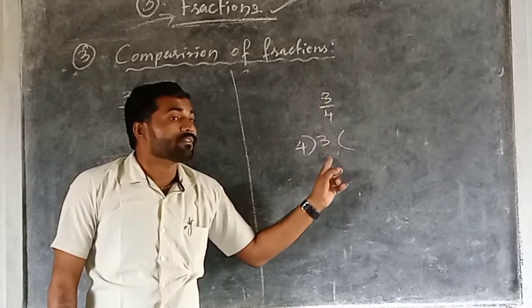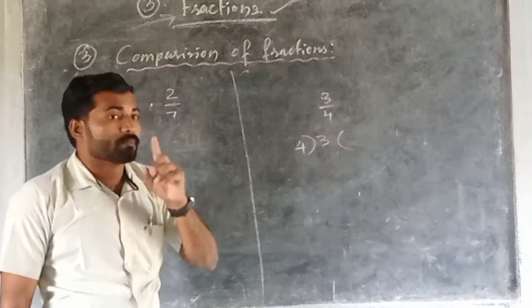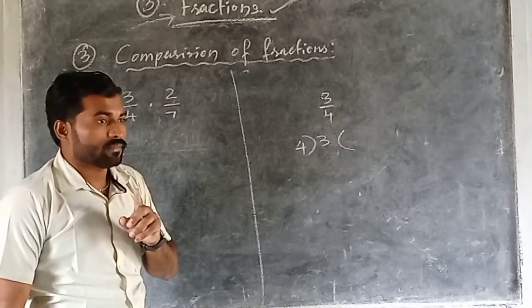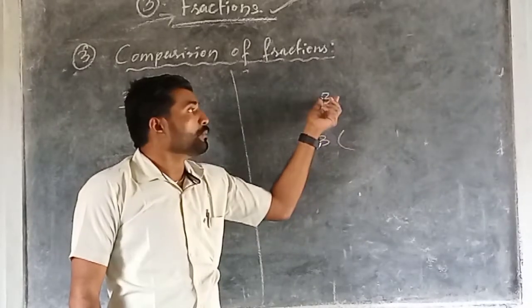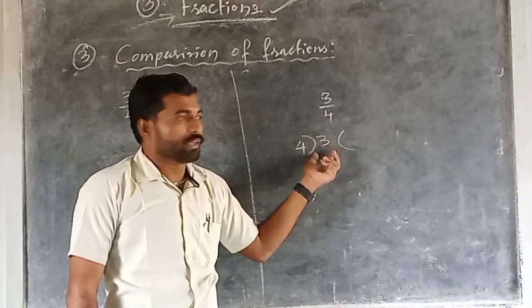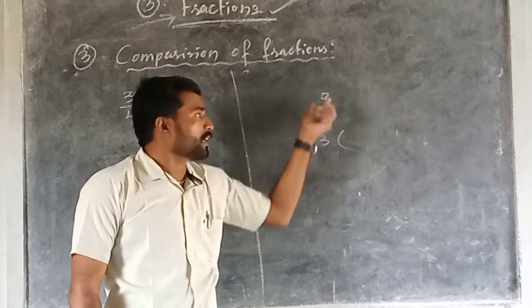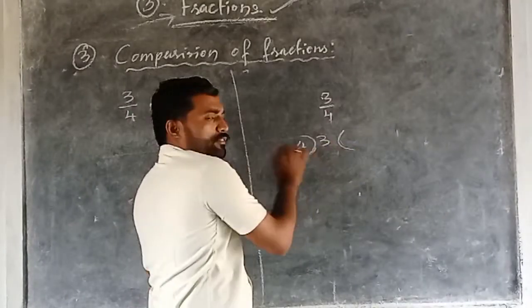Numerator is the dividend. Look here. 3 is divided by 4.